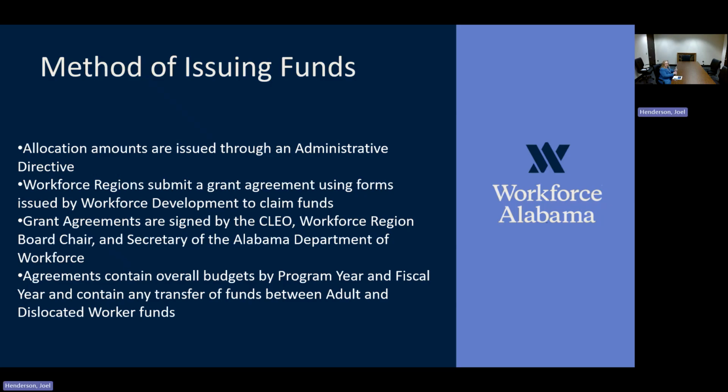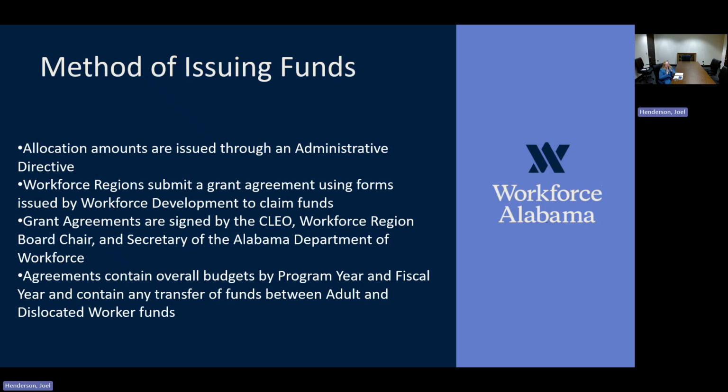Once we do the calculations for the state share and each local area or region's share, we put those amounts out in an administrative directive. The workforce regions then submit a grant agreement to workforce development using standard funds. Those grant agreements are presented to the state board, and then they are signed, because they're between the region and the state, the Alabama Department of Workforce.